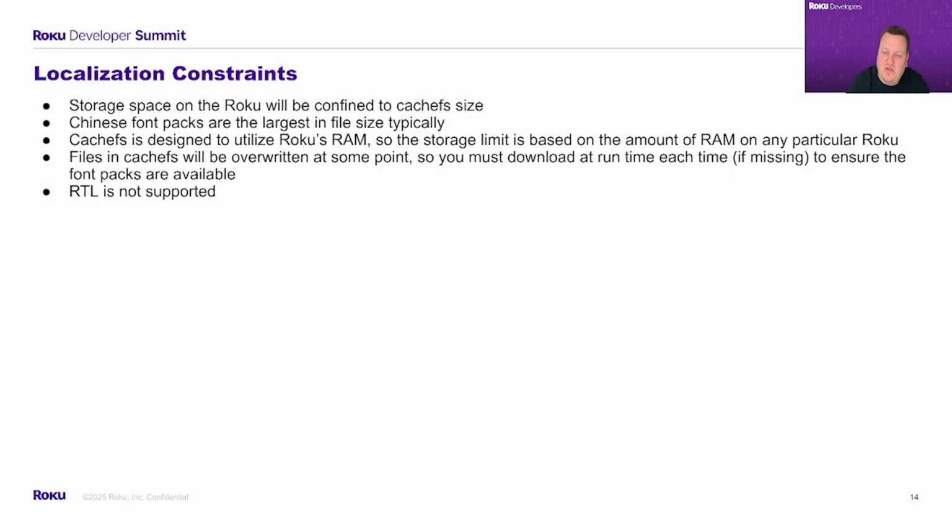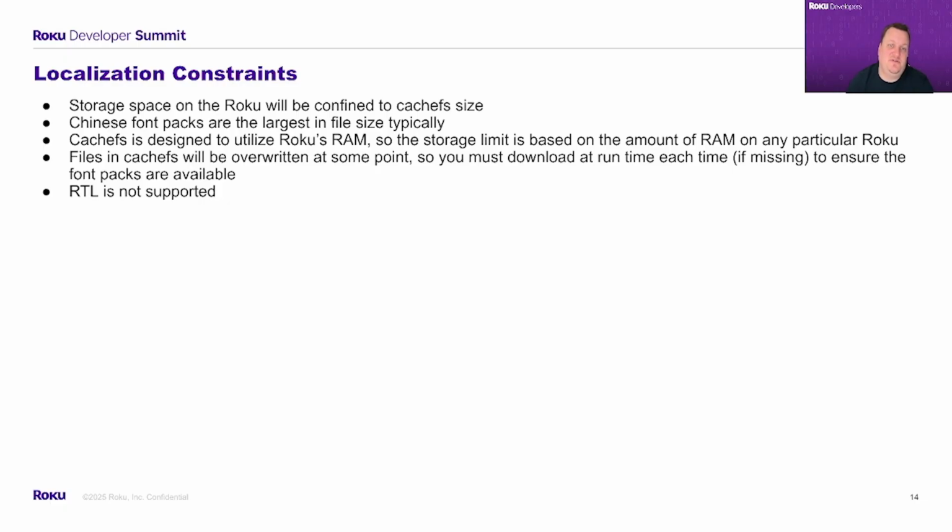And in most if not all of the Roku devices out there on the market, most of them have more than enough RAM. The Chinese font packs were the largest ones that we came across, for both regular and semi-bold. It runs about 30 megabytes. So definitely large enough to where you can't include it in the package, but not so large that it can't be stored in the cache file system.